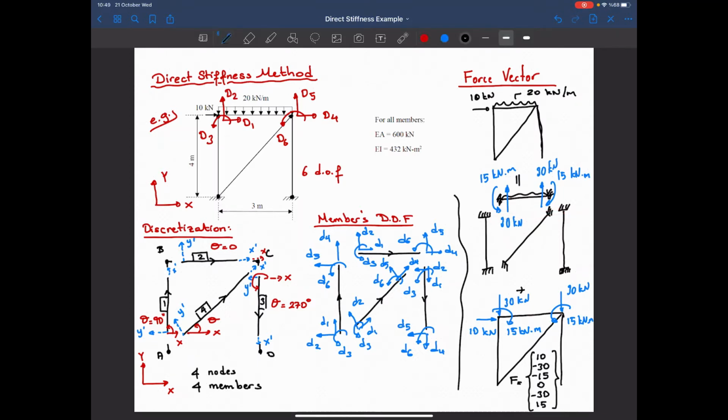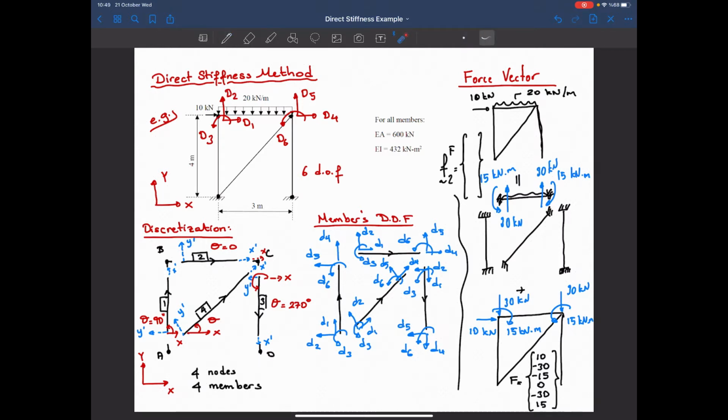So the fixed end force vector for the second member, let's use the lowercase as we always do. I'm just writing it now in the member's local axis directions.